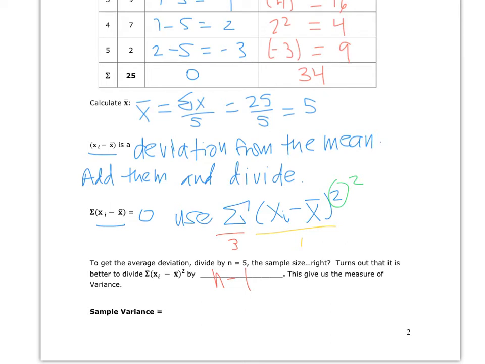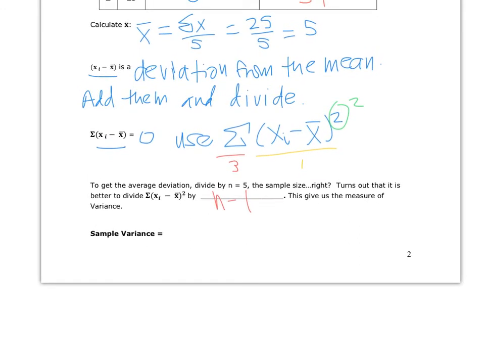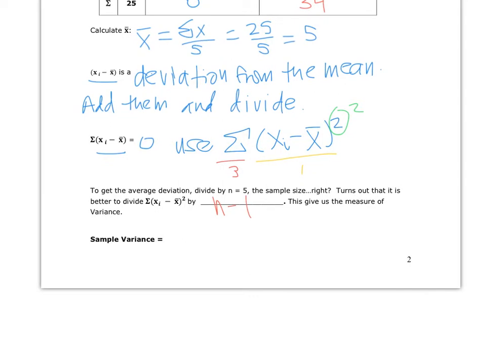So if we take the sum of those squared deviations and we divide by n minus 1, that gives us the descriptive statistic sample variance. So we take the sum of the xi minus x bar squared, divide by n minus 1.